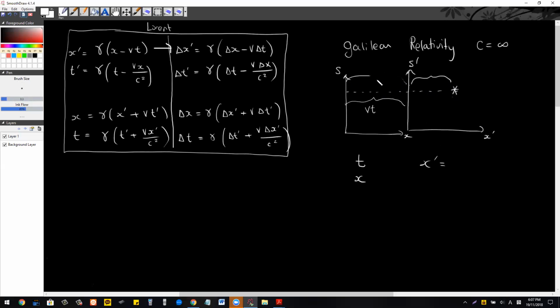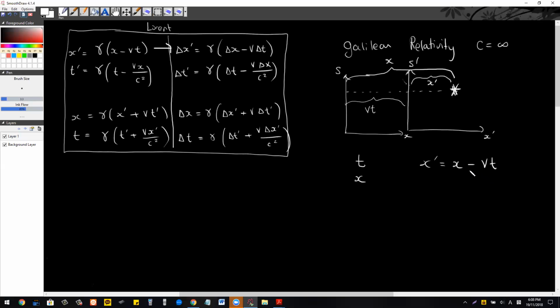According to the frame S, the coordinate of this event is x, and that's that much from the origin of the S frame. So we call the coordinate of this event x dash. So we can write x dash is simply x minus velocity times time. Does that make sense to you?